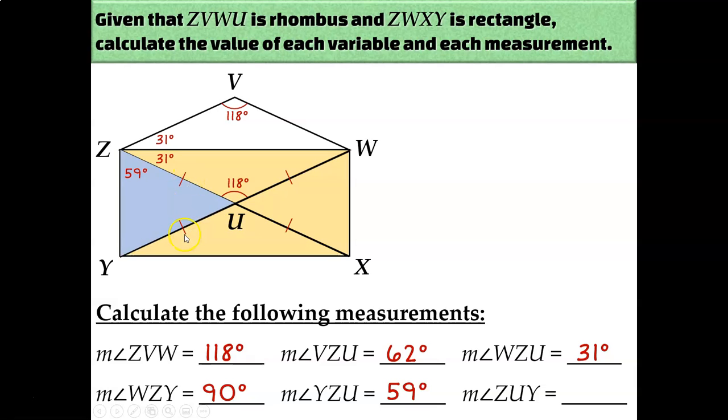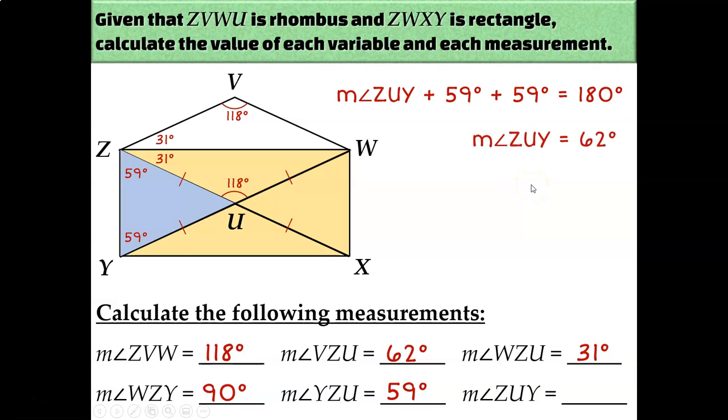Since it has two congruent sides, it must have two congruent angles. And those are the base angles. The base angles are the ones that are both attached to the base, so both of the angles that are attached to side ZY must be the same measure. Both of these have to be 59 degrees. So you could say that this angle, the one that we're looking for, plus 59 is equal to 180, which means the missing angle measurement must be 62 degrees.